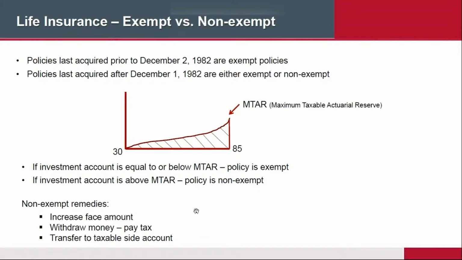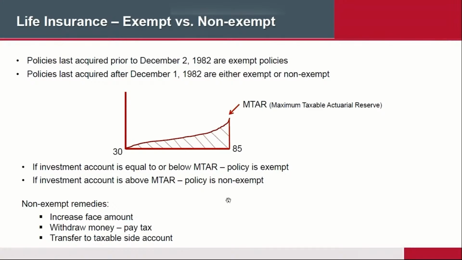The other thing, of course, you can withdraw money. In other words, take the money out. So you're going to get a letter from the insurance company saying, you've got $60,000 that's over the line. What do you want to do with it? You can simply take that money, pay your tax on it, essentially, and that way the rest of the money that's sitting in your account will be tax exempt. If you don't do that, then the whole thing becomes taxable.